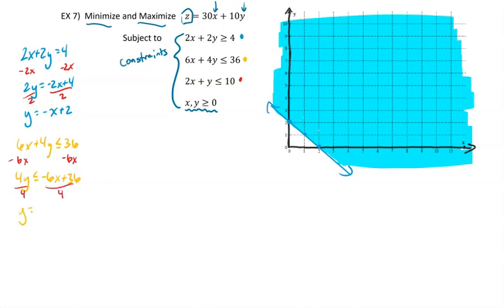So we get y equals negative 3/2 x plus 9. So we're going to be way up here at 9. We're going to go down 3 over 2. And let's draw the line through that as well. This one is less than or equal to, so that means below. So we're going to go ahead and shade below this line.